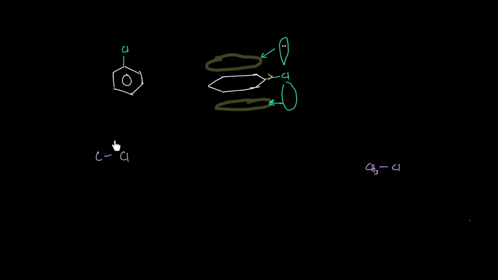Is the C-Cl bond stronger in chlorobenzene or weaker in chlorobenzene? So the C-Cl bond, the carbon-chlorine bond, in chlorobenzene is stronger than in halogenoalkanes.